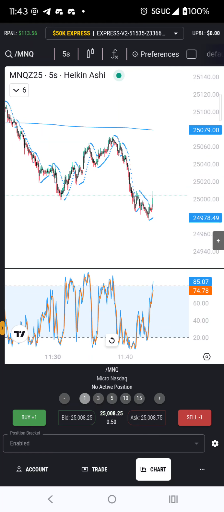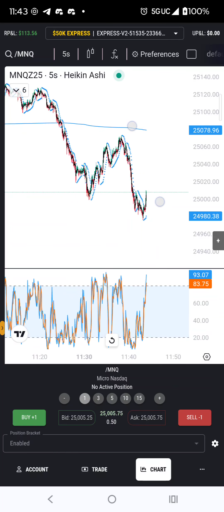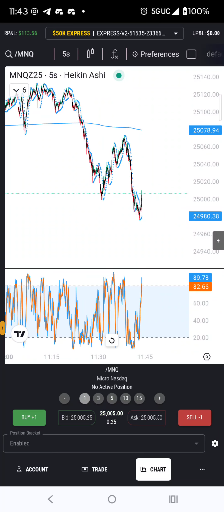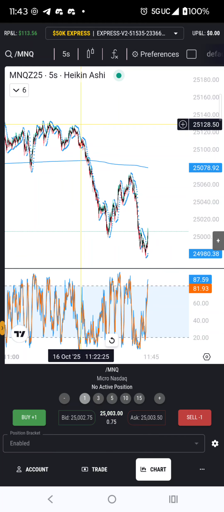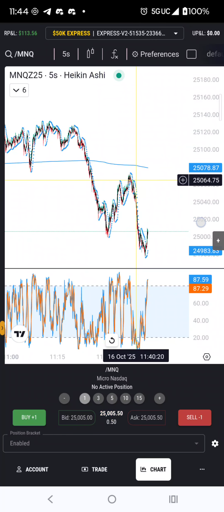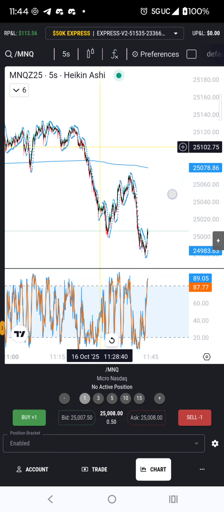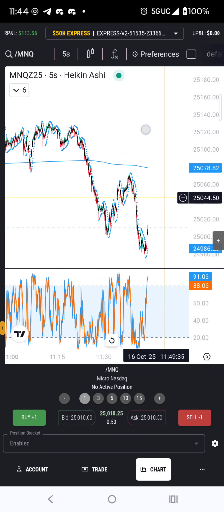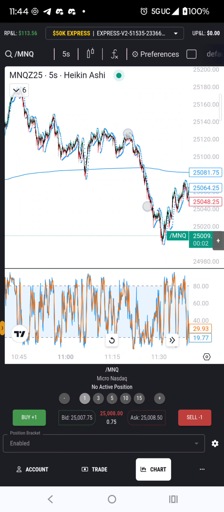Big pullback. That's perfect. But look at the trend line. It basically pulled back to the bigger trend line. That's why we zoomed out. It sold off of that crazy. See?